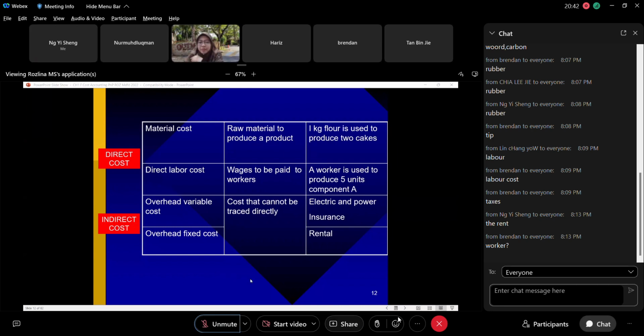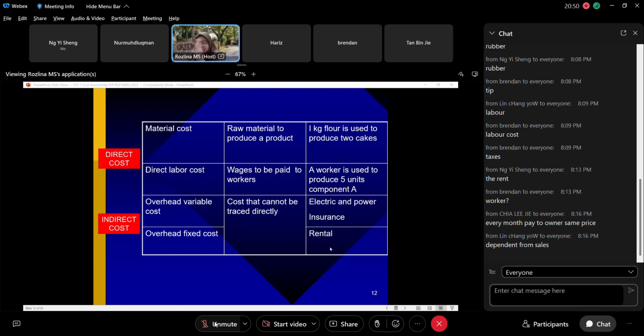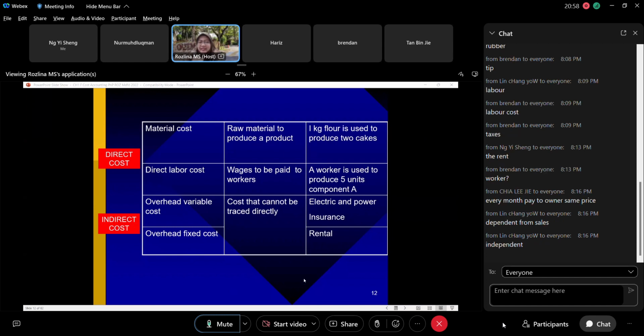Okay, you need to pay monthly. Yes, monthly. Okay, add a bit more to the sentence. It doesn't reach fixed cost yet. A bit more. About the unit. How to relate with the unit.